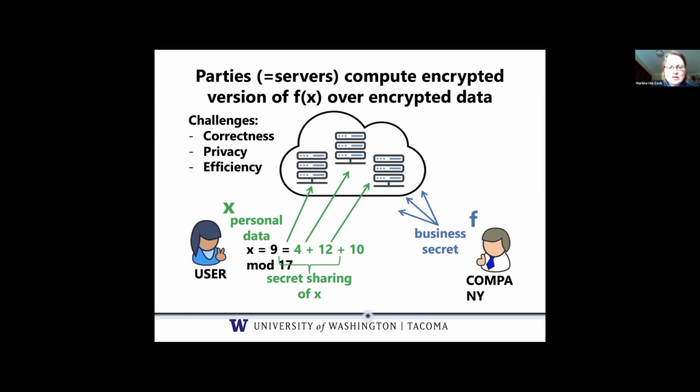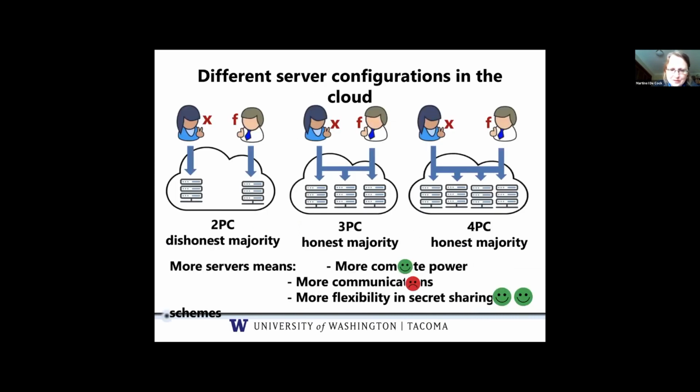So for the servers, it's really like computing over data that they cannot see. And third, doing all of this in an efficient manner so that it's actually fast enough to be used in practice. The efficiency is very much influenced by the number of servers used in the cloud. If you have more servers, then you have more compute power, which is a good thing.